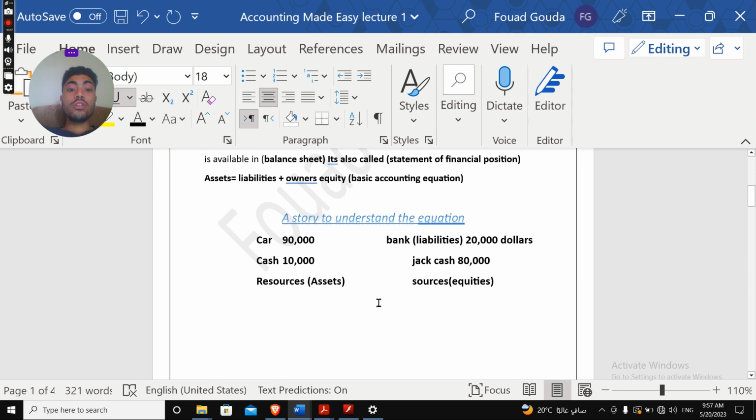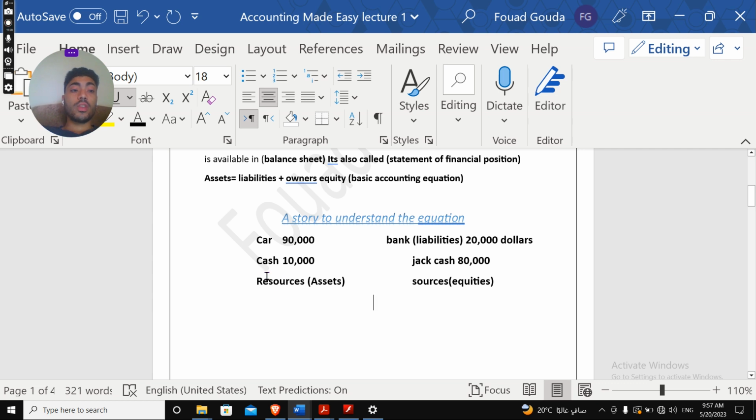Okay, what are the resources that he already bought with this money? What are the resources that exist right now in the new company? The car, which is $90,000, and the other cash that exists in the safe.